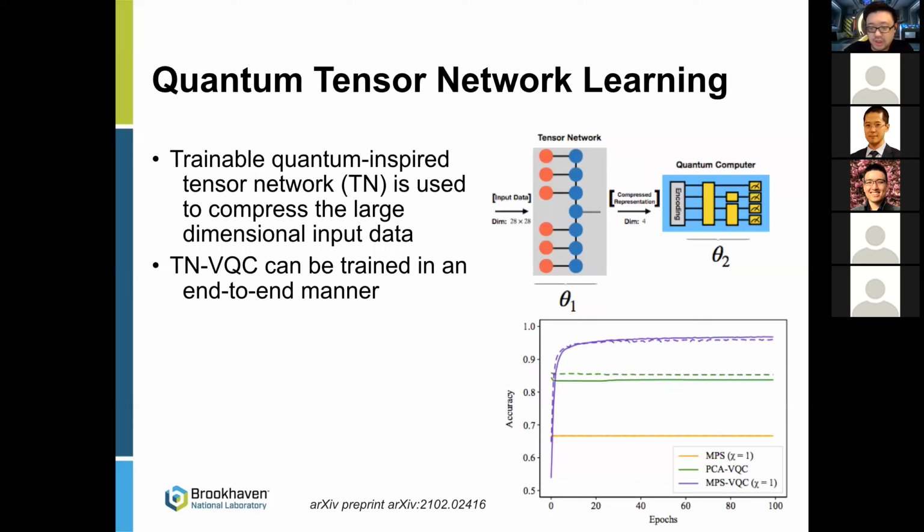Another way to preprocess the classical information into a quantum circuit is to use a quantum-inspired classical algorithm. Here, in this example, we use a quantum-inspired tensor network to compress large-dimensional input data. Different from the previous example, this quantum-inspired tensor network is parameterized.